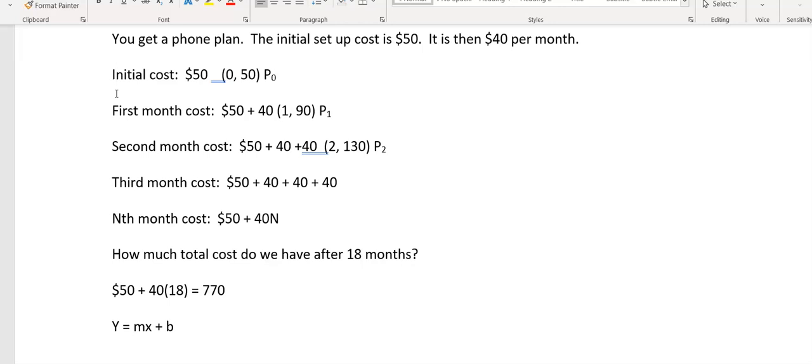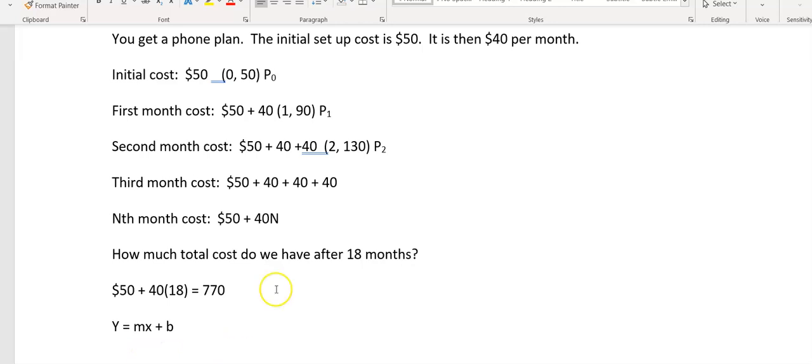Of course, we don't really have anything that associates with N sub 0 in the initial cost, but our first month we might say N sub 1, and so on, to indicate those amounts. Now realize it might not be P, they might call it something else. They might call it C sub 0, C sub 1. We can always change the name of our variable to indicate the cost at time 2. So realize that as you do your homework.